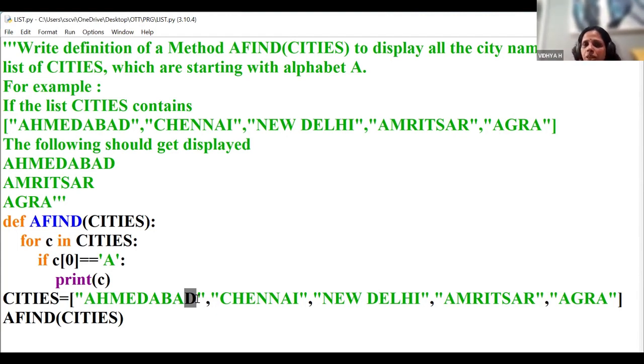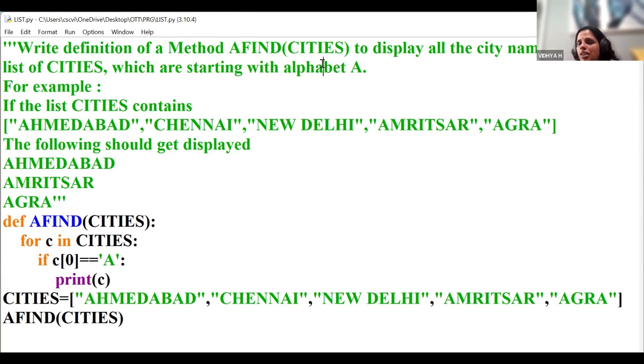So this program I can change it. Starting letter is A, ending letter is I, so that I will get a different output. Now I'm going to pass a tuple. How to make the same program as a tuple? My question will change. Here I would have given the question as find cities to display.